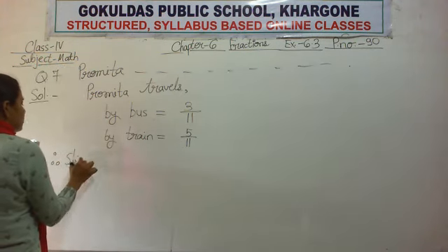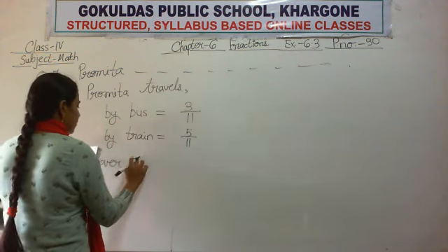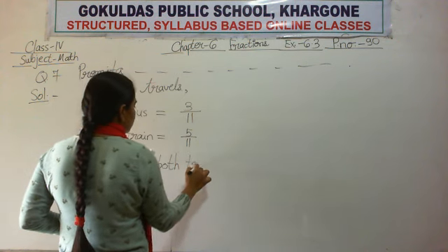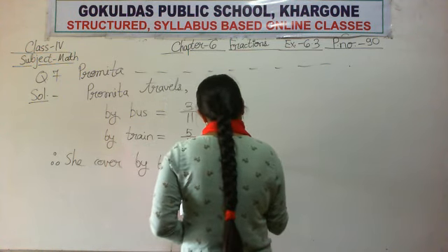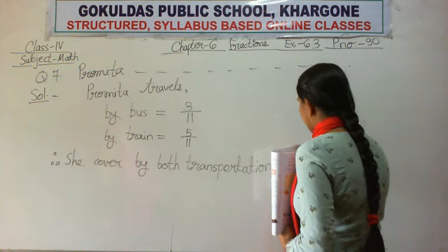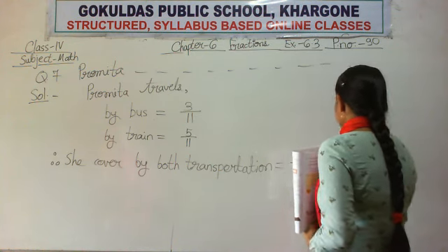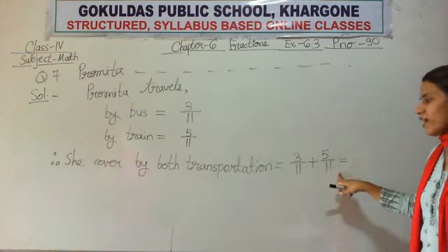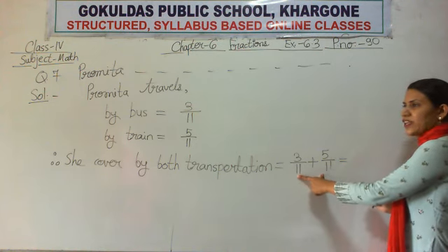Therefore, the distance she covered by both transportation is equal to 3 upon 11 plus 5 upon 11. You have two fractions. One is 3 upon 11, other one is 5 upon 11. You want to add them. So for adding, you will check the denominator.